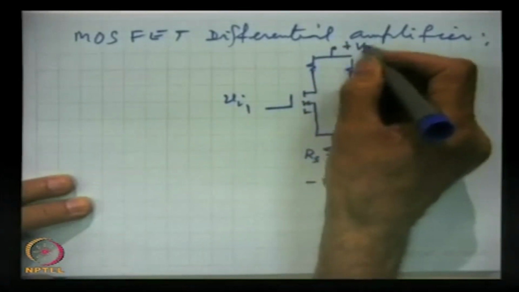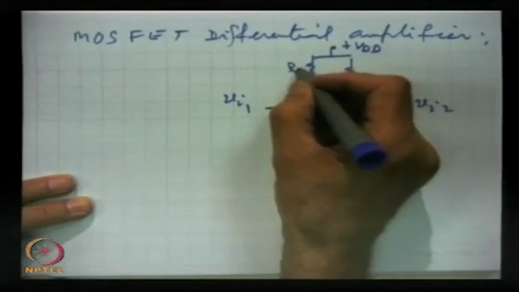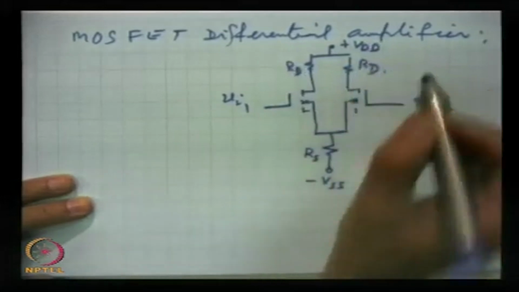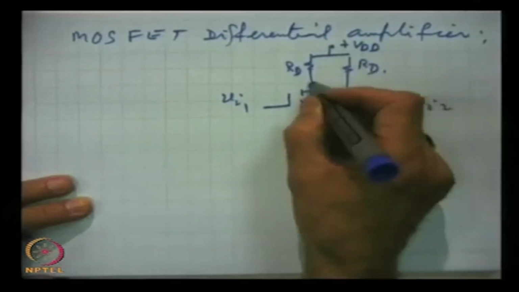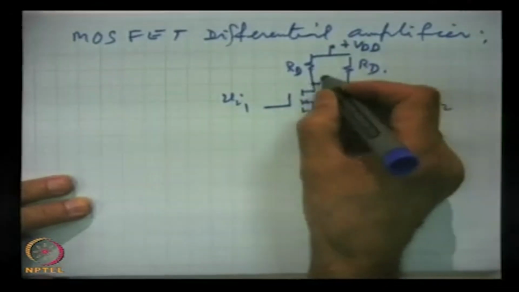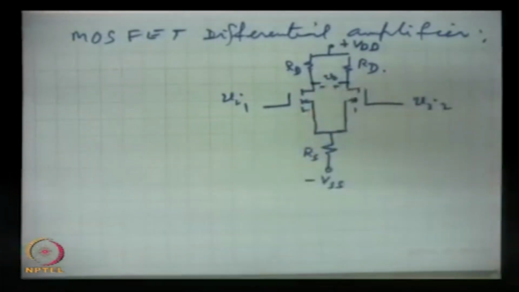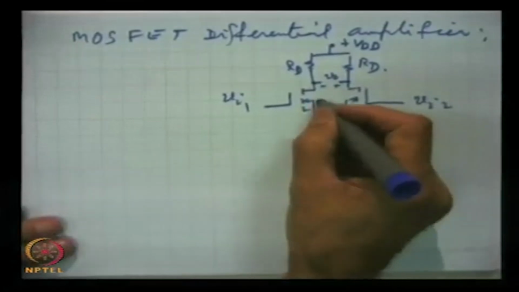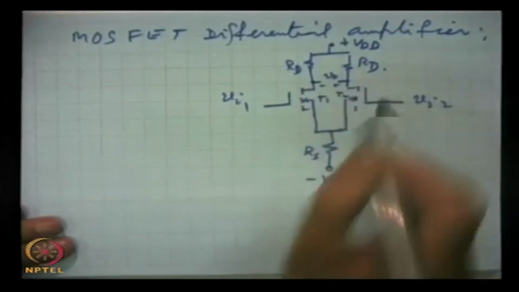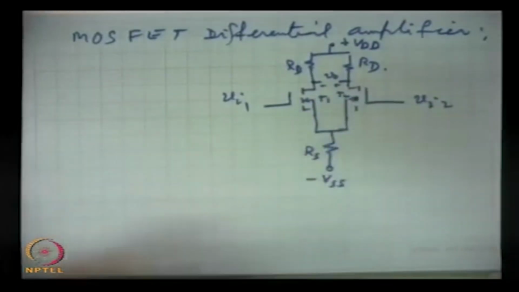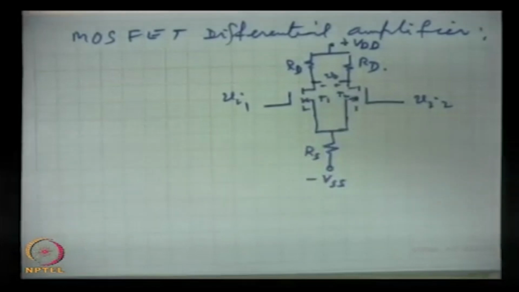This is VDD, this is RD, the drain resistance, and the output can be taken from the 2 drains. This is V0. So, these are the 2 MOSFETs T1 and T2, and they can also form a differential amplifier.